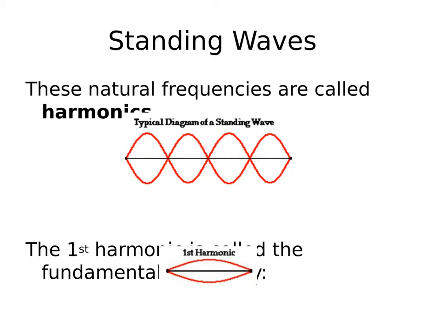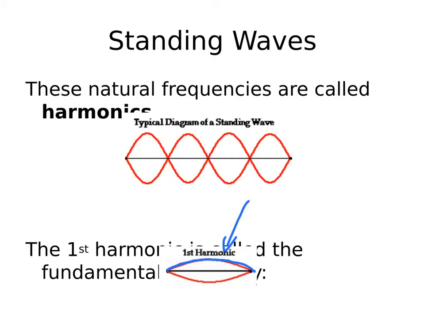Now we have a way of comparing the different forms that we see with standing waves. The simplest kind of standing wave looks like this, where we have only half a wavelength, because we have only a crest. So there's a crest, and that's as far as we get. So that diagram represents half of a wavelength of a standing wave, and we call that the first harmonic.